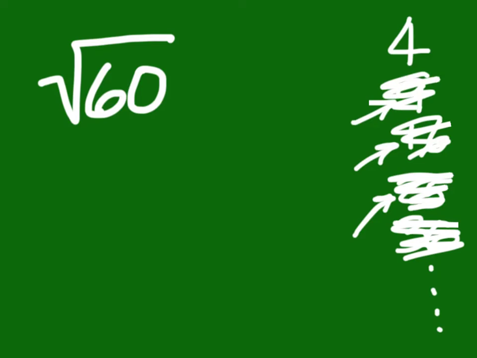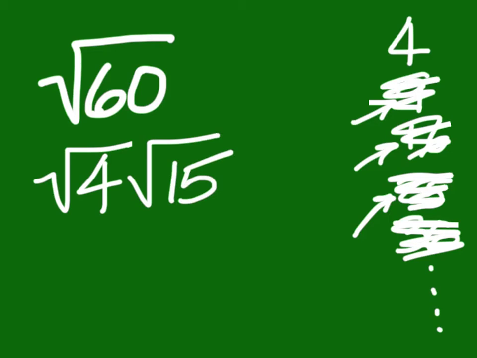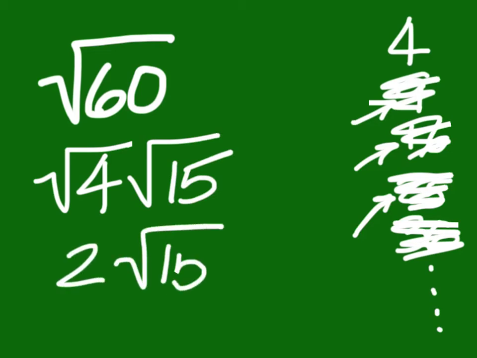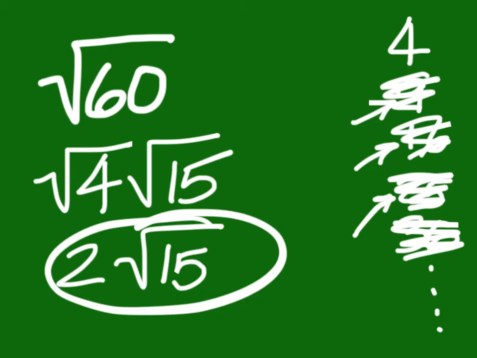No. So we're down to 4 again. Will 4 go into 60 evenly? How many times? 15. So square root of 4 times square root of 15. The square root of 4 is 2. So the answer is 2 square root of 15.